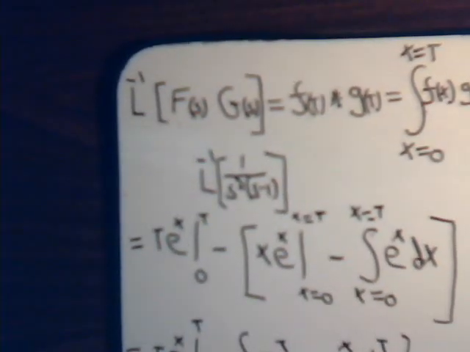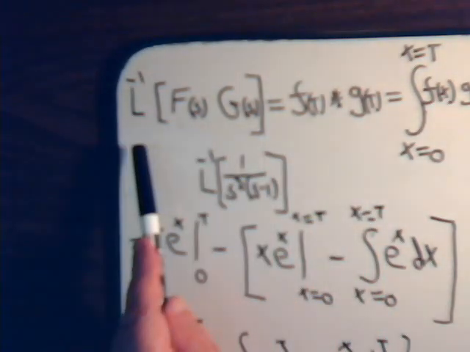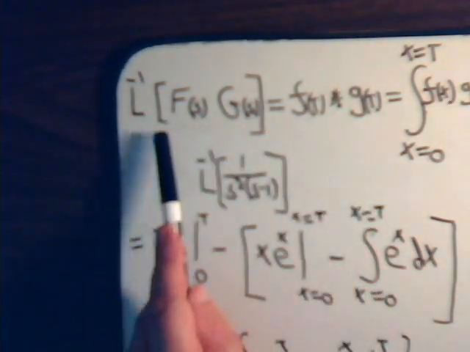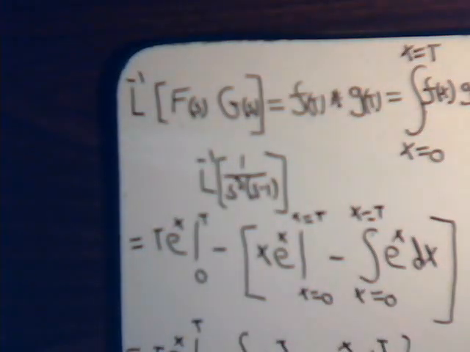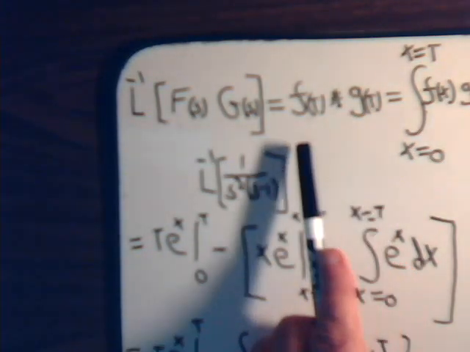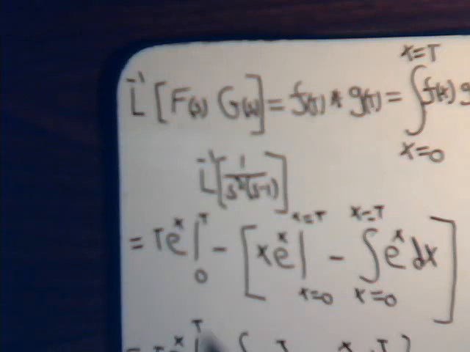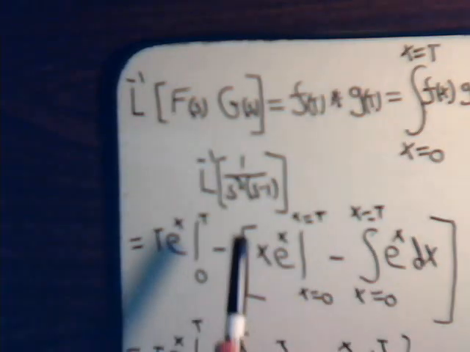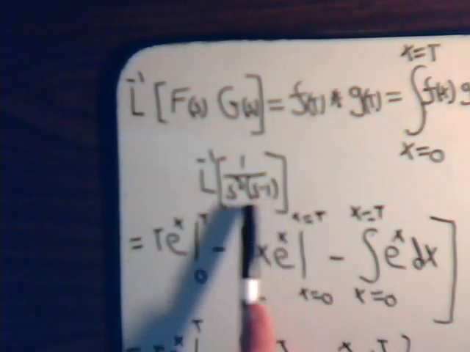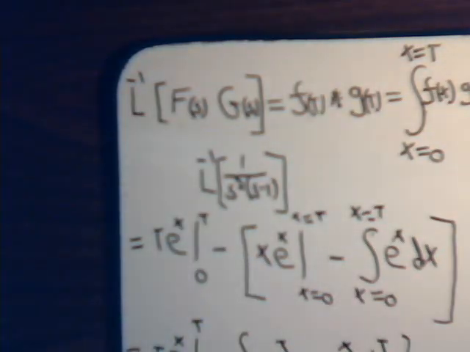So there it is, and again, it all hinges upon this equation right here. So hopefully we're getting a feel then as to the usefulness of the convolution operation when we need to evaluate various types of inverse Laplace transform expressions.